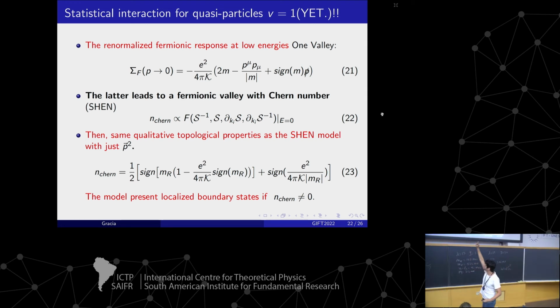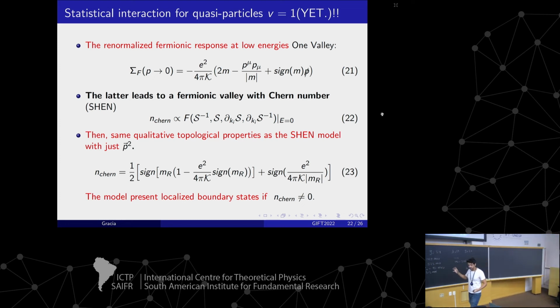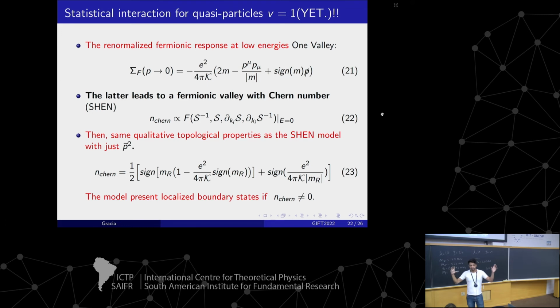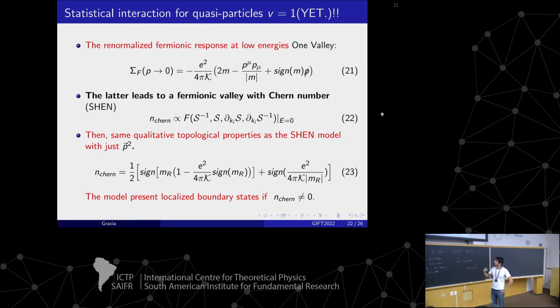No. We renormalize the fermionic response. If we introduce the valley nonlinear interactions between the currents, the associated renormalized fermionic response has this p-squared term. It's a simple exercise.